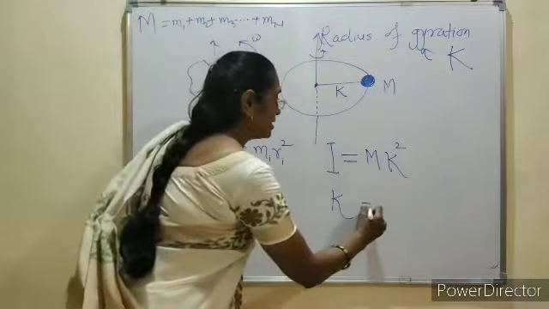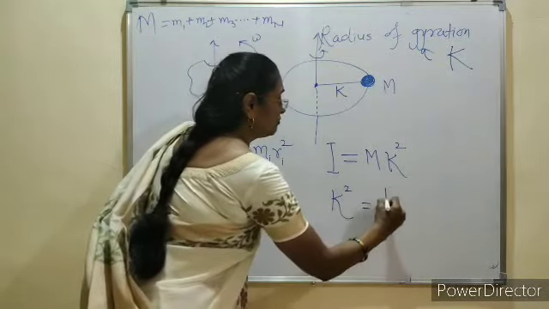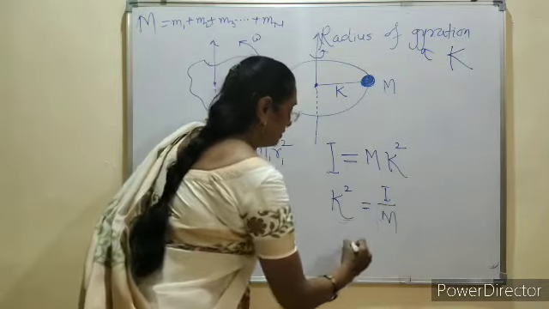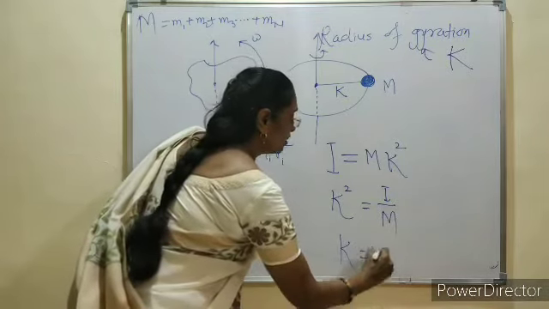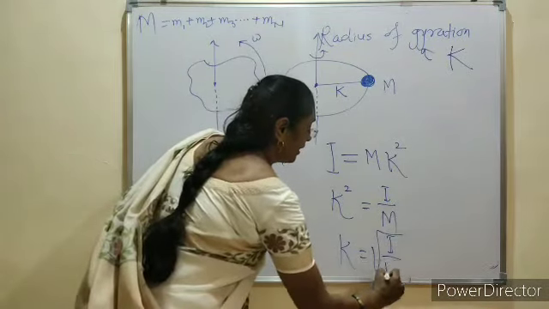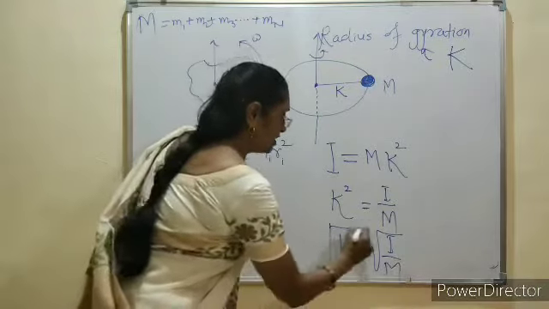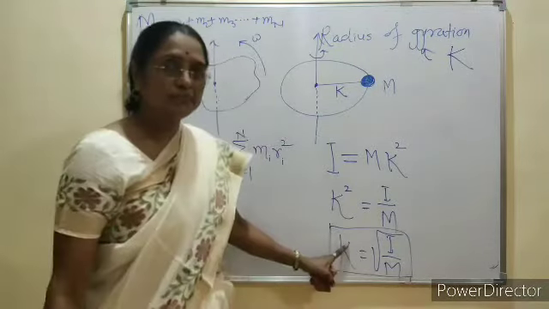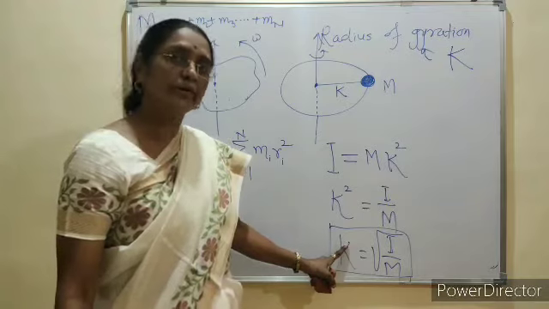It can be written as k square is equal to I upon m, so k is equal to the square root of I upon m. This is the expression for k, the radius of gyration.